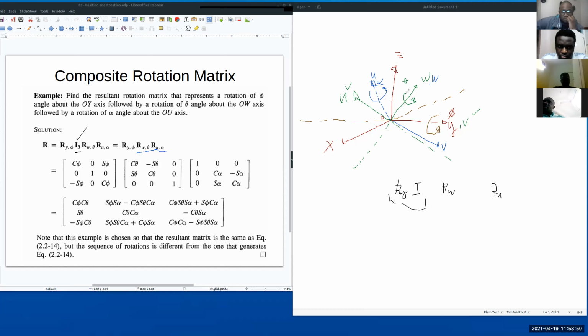So you rotate W from OW into the new rotated frame. Okay, so here you rotate OW by theta axis. So this rotation about the W, about the theta axis, will be post-multiplied because it's a new rotated frame. Okay, and then you rotate again to a new rotated frame, you post multiply again. You post multiply, you post multiply, and you post multiply again.